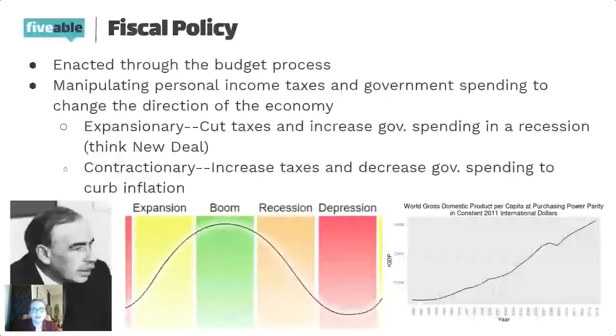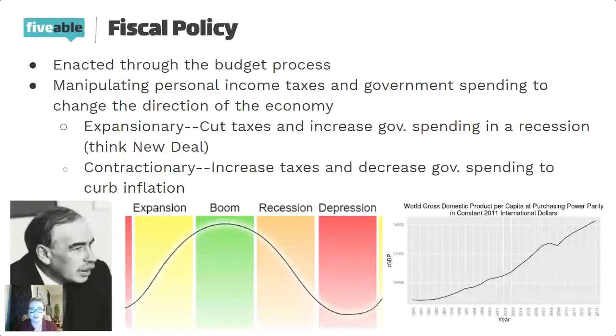Okay. So we said that one role in liberal economic thought is for government to stabilize the economy. The government can do this through fiscal policy, and this is enacted through the budgeting process. So in the chat box, if you know who initiates the budget, that's the first question.